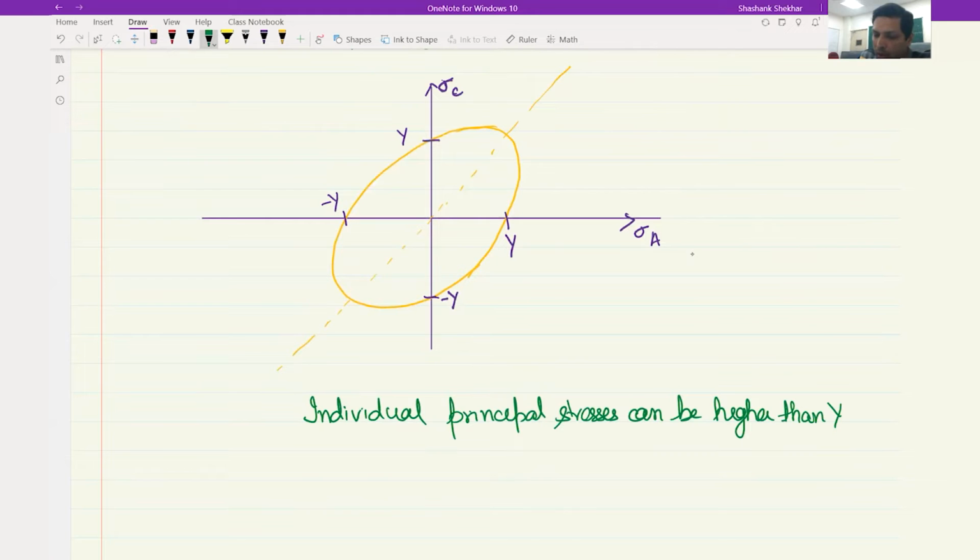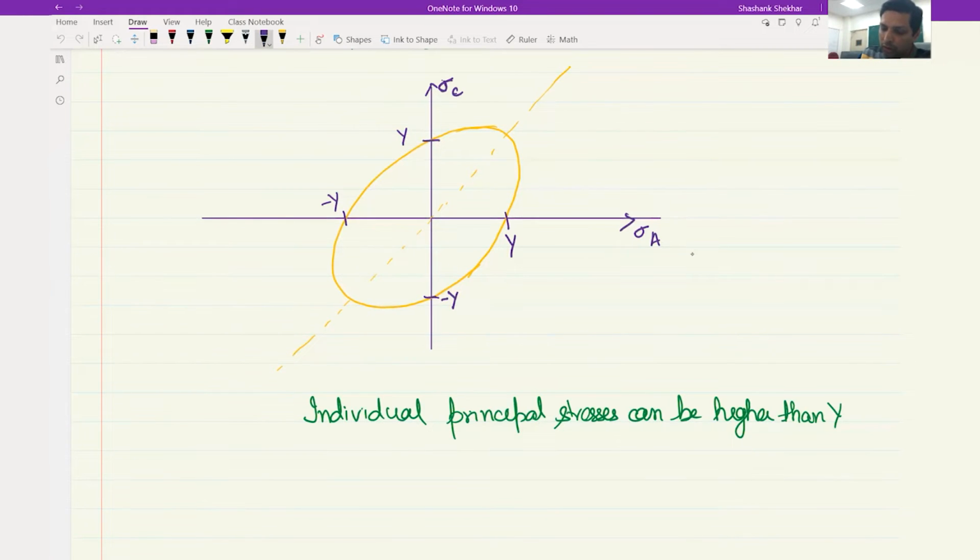This plot, this ellipse: as long as you are inside it, then no yielding is taking place. So as long as the stress state is such that the principal stresses lie within the ellipse, no yielding is taking place. As you reach this ellipse, it is then that you actually begin to yield. And when you are beyond this line, the yielding has begun.